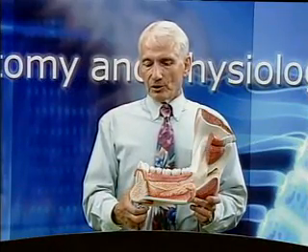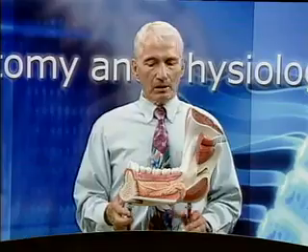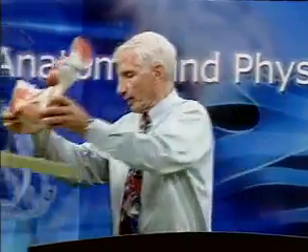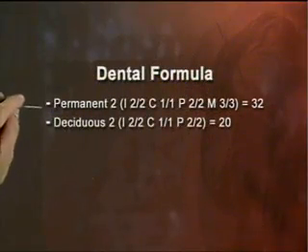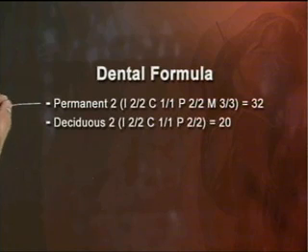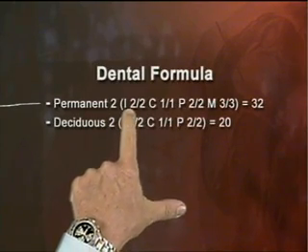Any questions about that particular aspect of dentition? Let's look at a couple of graphics, make sure we catch ourselves up on some of the major points that we're making here. The permanent dental formula, full set of adult teeth, is considered to be 32. And we shorthand this and write it in this manner: 2 times the quantity, I, 2 over 2.